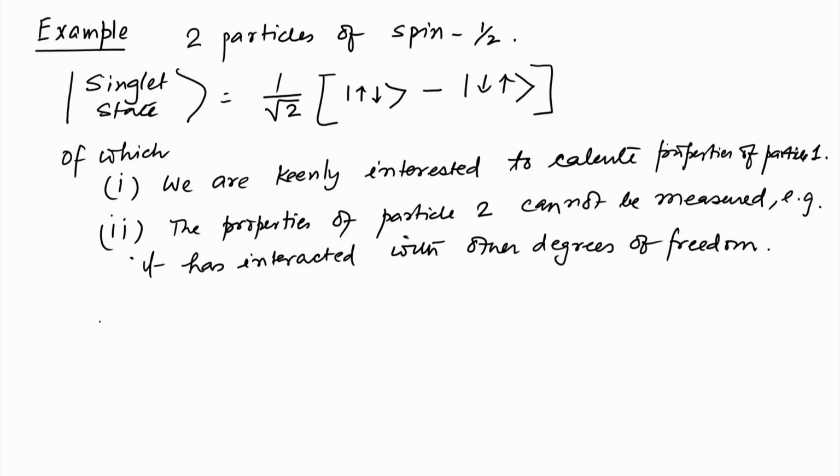So, we will write down the density matrix of particle number 1 by summing over, or taking a trace over, this singlet state.